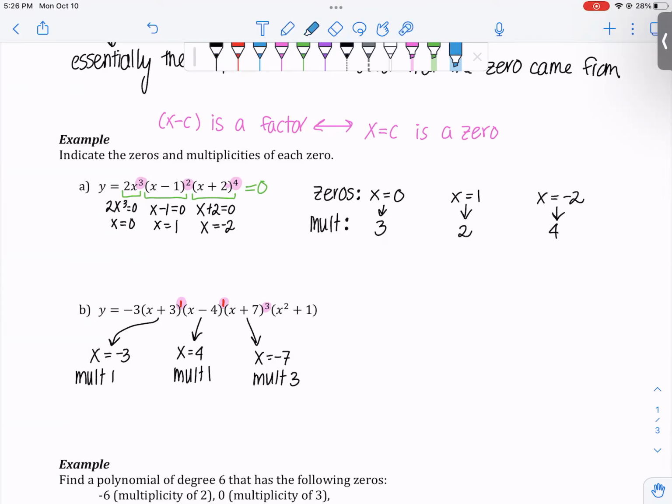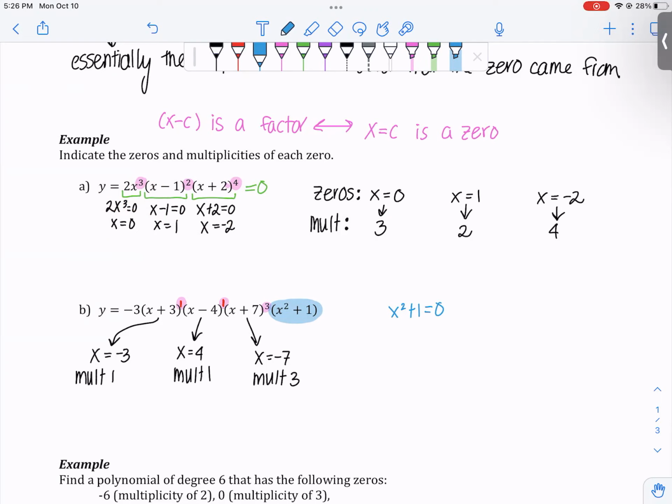For this x squared plus 1 portion, this is actually a trick. You saw how I said for each of these, you set each factor equal to 0 and you would get the zero from it. Well, if you were to try to set x squared plus 1 equal to 0, you wouldn't be able to factor it.